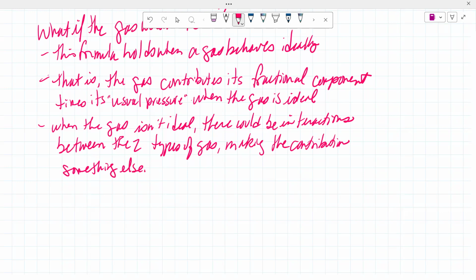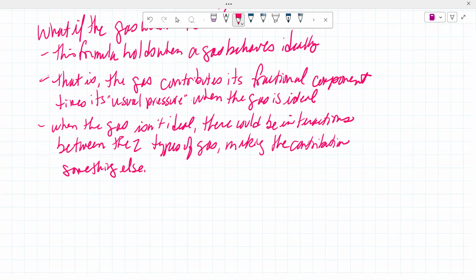And this brings us then to the activity. So if the gas had some interactions between itself and the other gas, then that means that it may not be available 100%. The amount of activity that it has wouldn't be 100% of what its activity is when it's ideal. You could think of it as somehow being modulated or dampened or needs a correction factor.